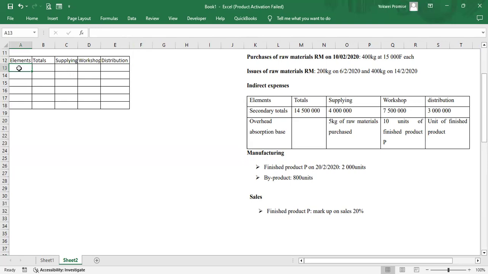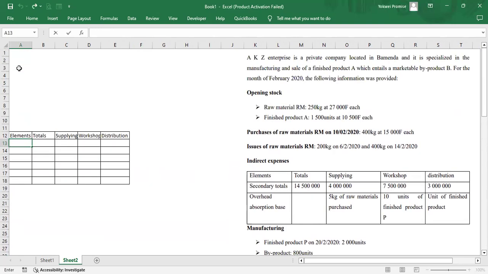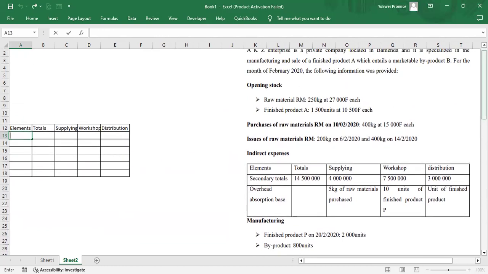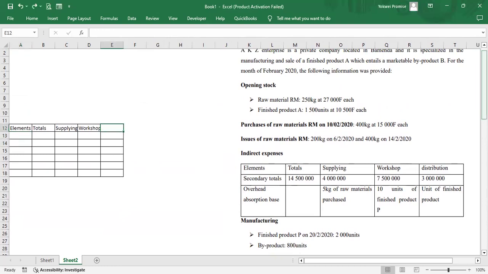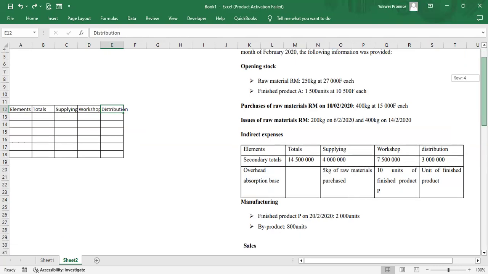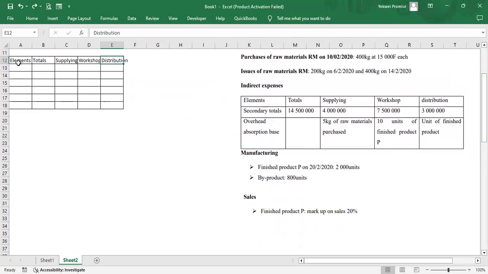For the secondary totals, they were given, so we are not allowed to calculate them, and the work will be easy.